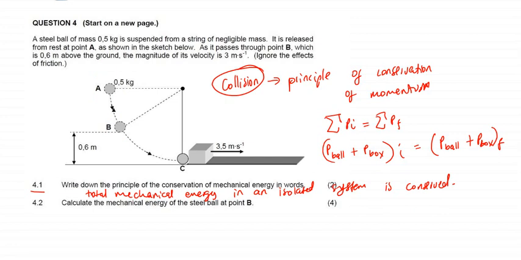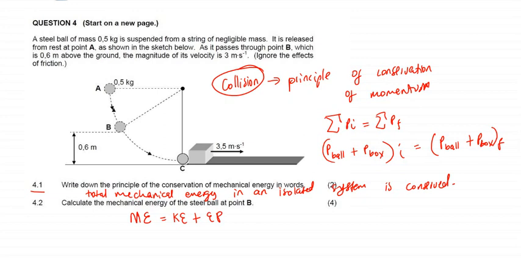Now, mechanical energy, which I always abbreviate as ME, is equal to the sum of potential energy and kinetic energy. So it's kinetic energy plus potential energy. So how do you use the conservation of mechanical energy?